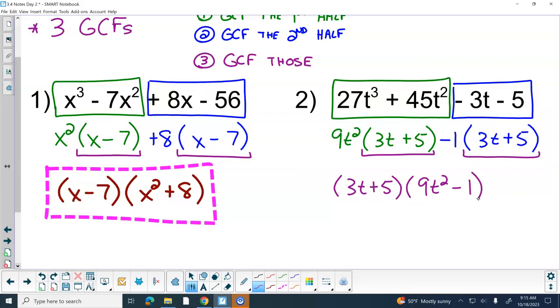That should be the kicker right there. In your brain, when you see a subtraction sign, that should automatically say, I gotta check for the difference of perfect squares. And 1 is a perfect square. So yes, this can be factored even more. 3t plus 5, 3t minus 1, 3t plus 1.